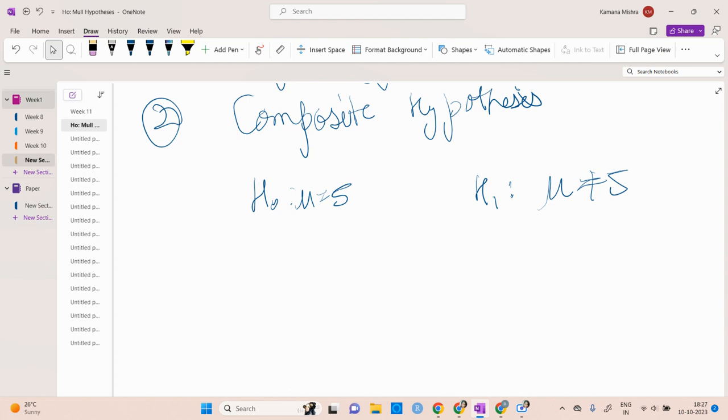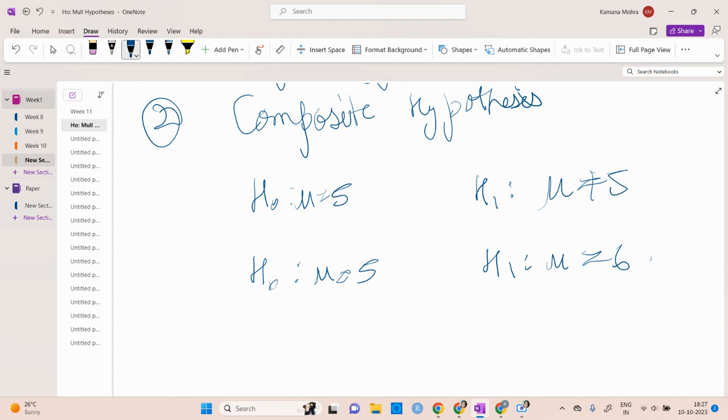The composite one is H0, let's say mu is equal to 5, and H1 is mu is equal to 6. So there is nothing in between. This will be a little bit complex, because it may happen that the mean is neither 5 nor 6.